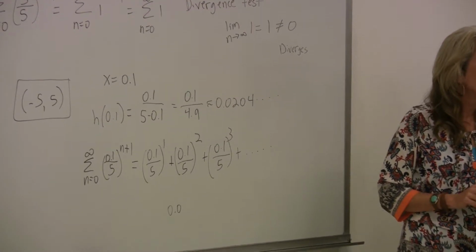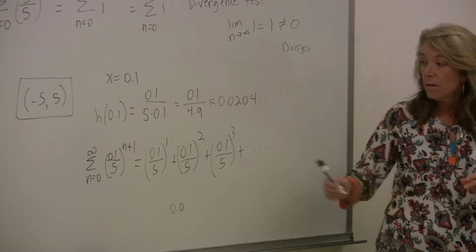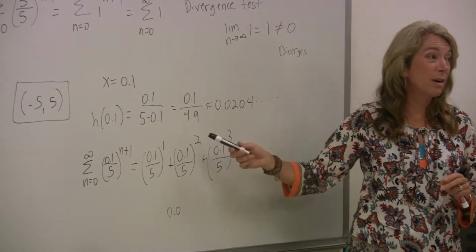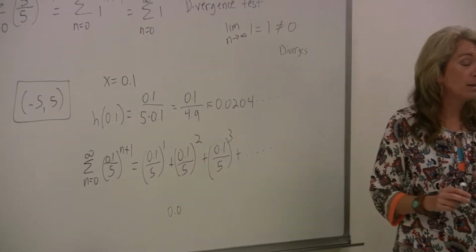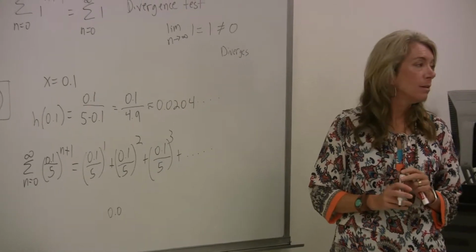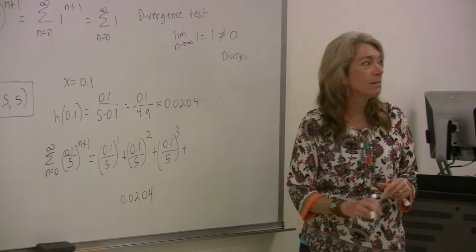So wouldn't it be 0.111 over 5? Well, this is 0.1 over 5, and this is 0.1 over 5, the quantity squared, added to that one. Gotcha. So I want to know what those 3 things added up equal. Anybody get it? I got 0.0204. Huh, what a coincidence.